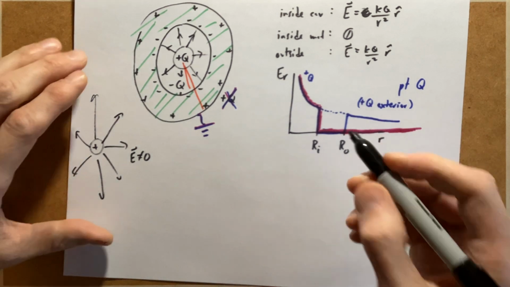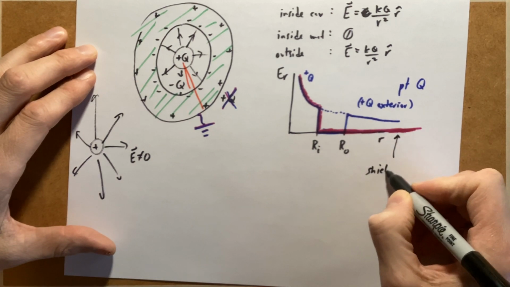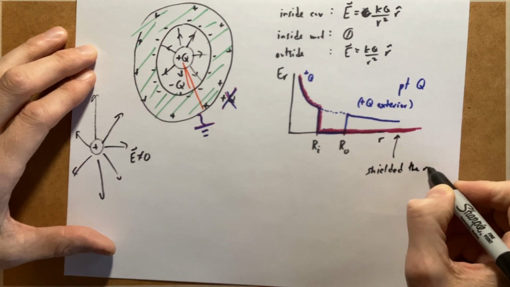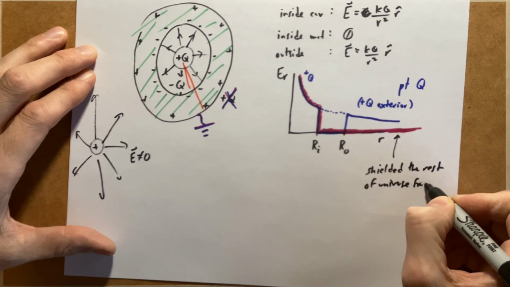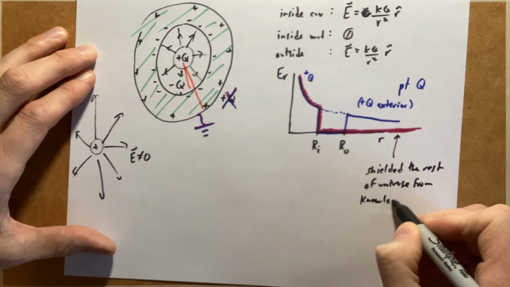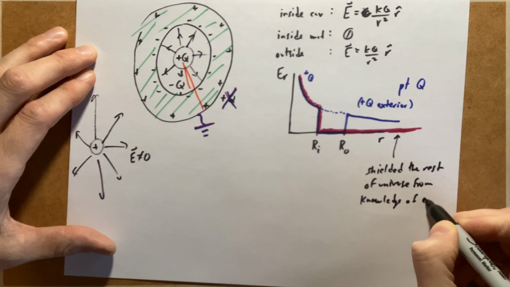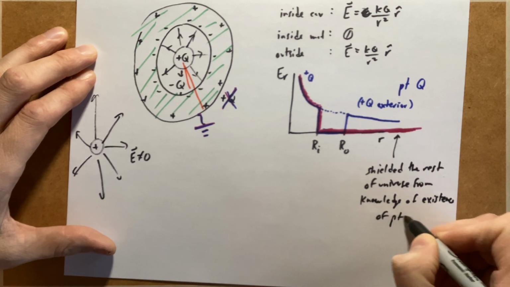What we have done here is we have shielded the rest of the universe from knowledge of the existence of that point charge.